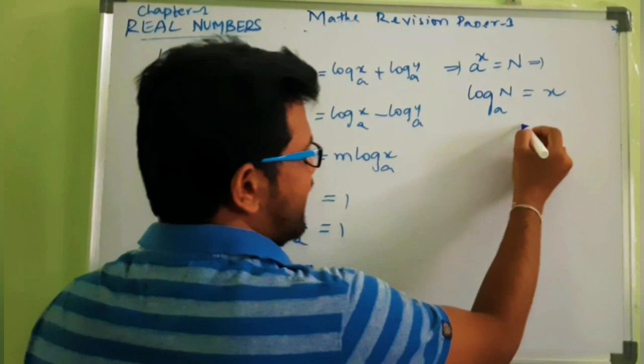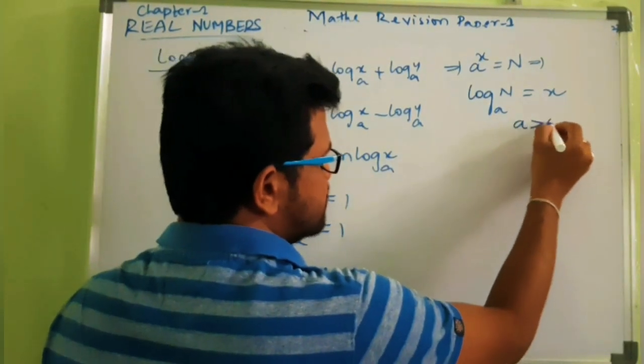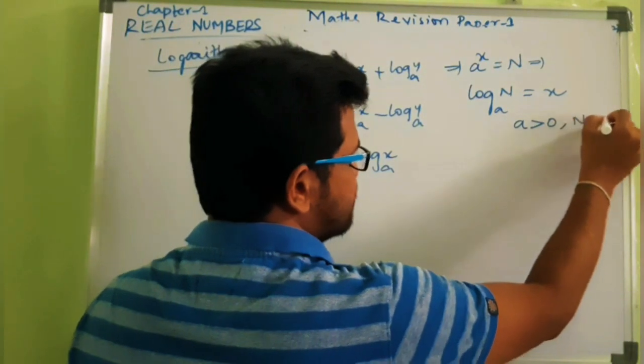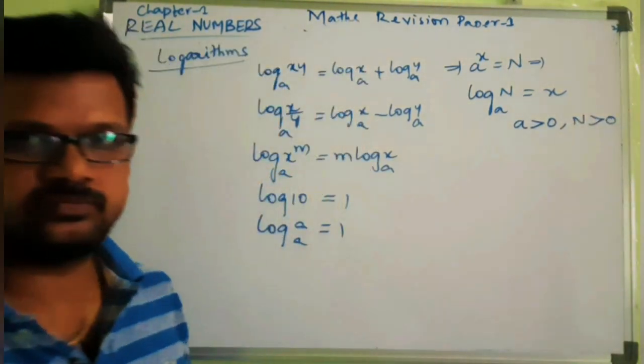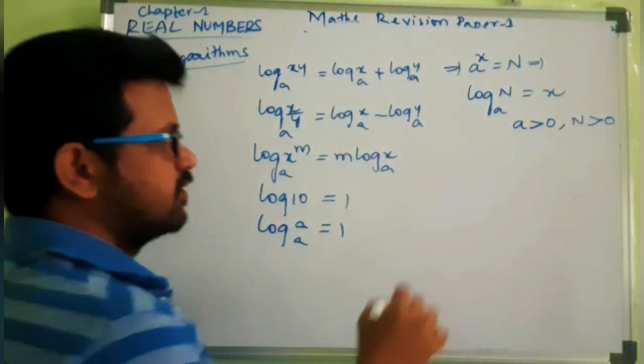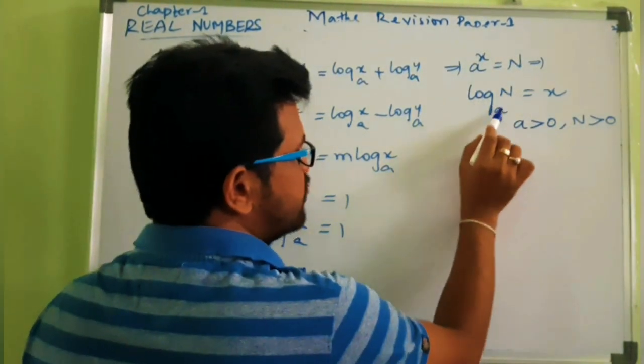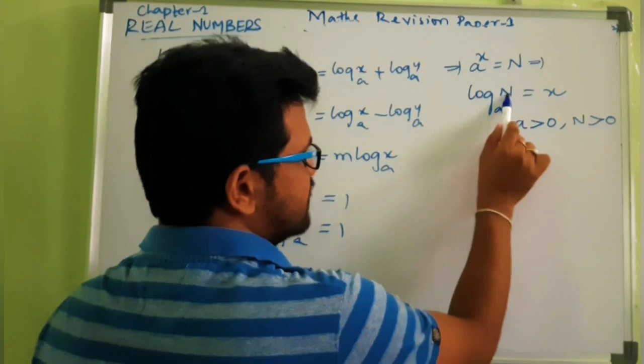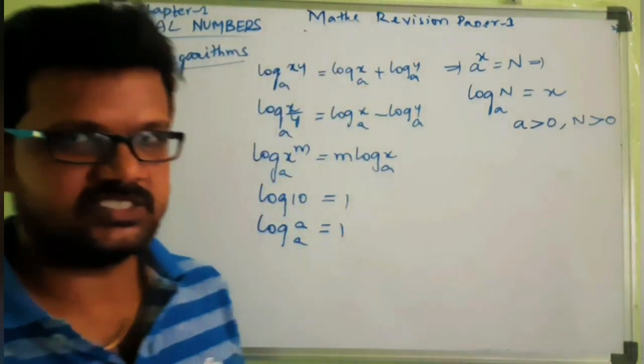Here base must be positive, a is greater than 0 and n also must be greater than 0.